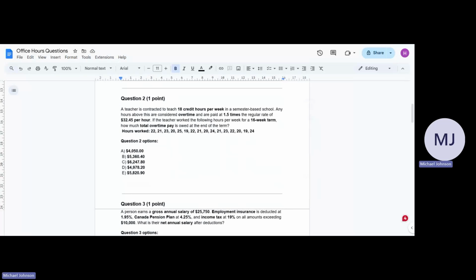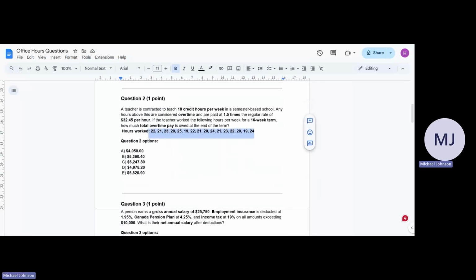So to do this, we would have to take the term length is 16 weeks, and they're due to do 18 credit hours per week.